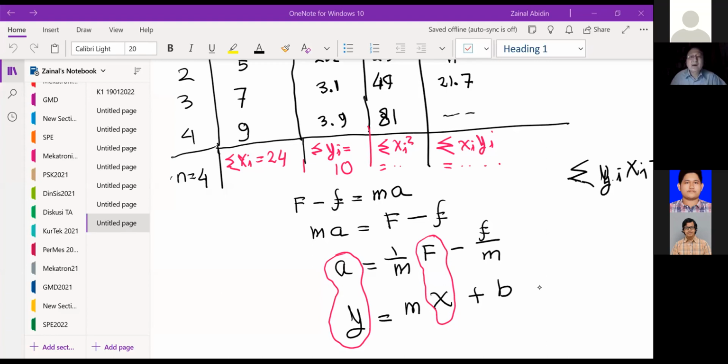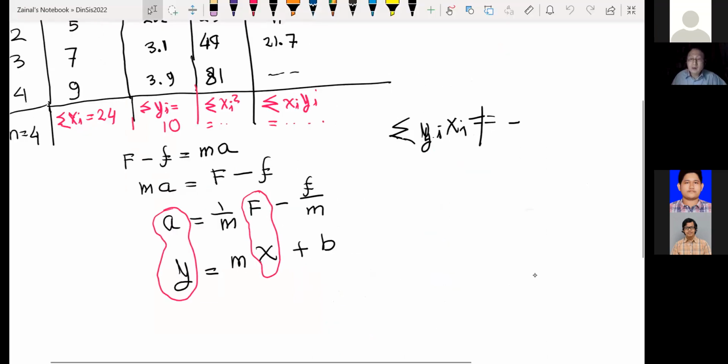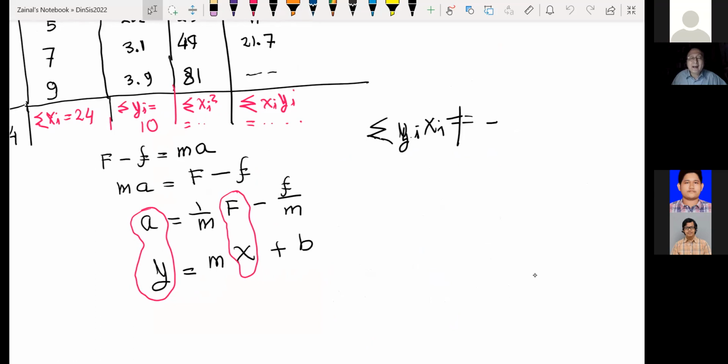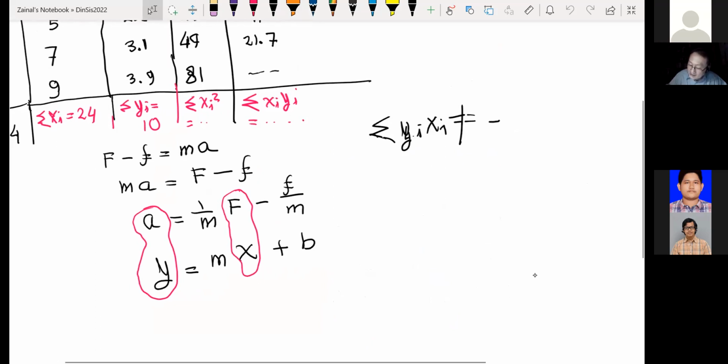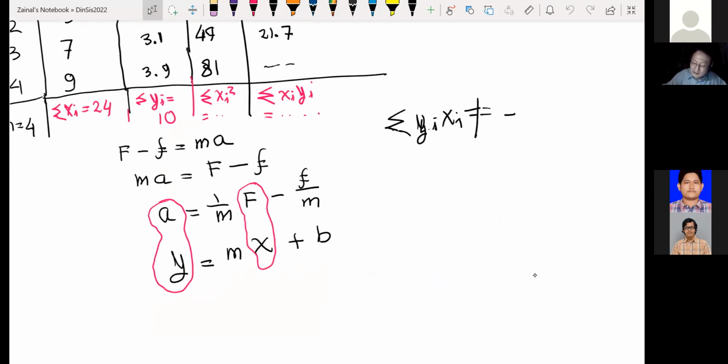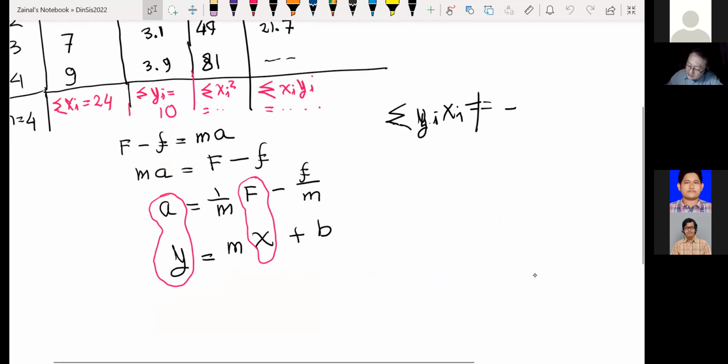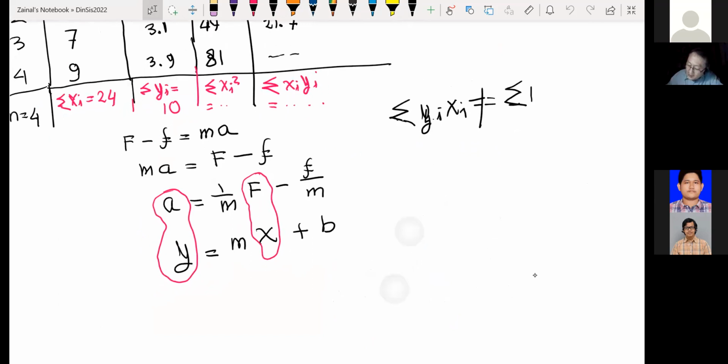Okay, sigma yi is not the same with sigma yi multiply sigma xi. It's not the same.